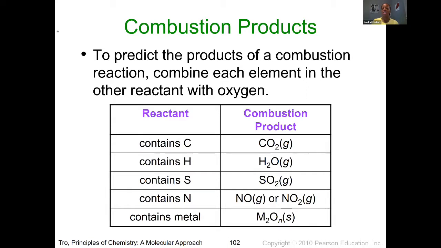If it has hydrogen, some oxygen will create water. If it has sulfur, some of the oxygen will create sulfur dioxide. If there's nitrogen, we'll create nitrogen monoxide or nitrogen dioxide. And if there's a metal present, you would create the metal oxide with the appropriate charges indicated.